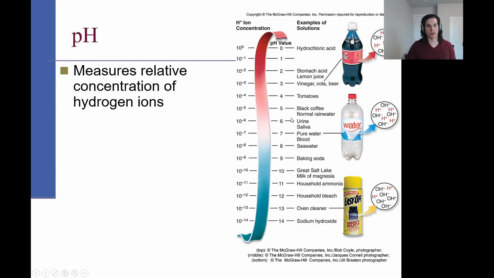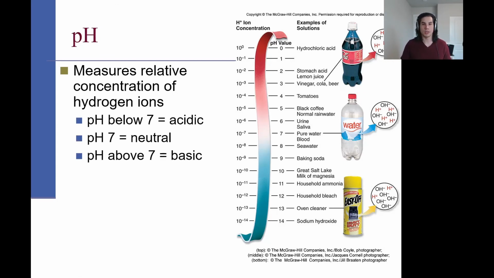So the most important takeaway about acids and bases is the pH scale. So if your pH is below 7, you're acidic. So urine, saliva, tomatoes, vinegar, cola, so Coke is at a 3 in pH. And then if you're neutral, then your pH is at 7. So just pure water, no hydrogen ions, no hydroxide ions, or an even distribution of hydrogen ions and hydroxide ions.